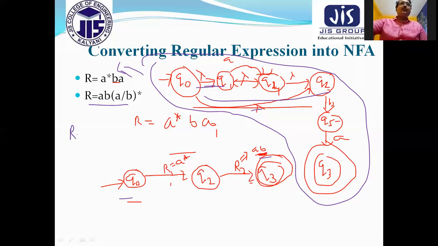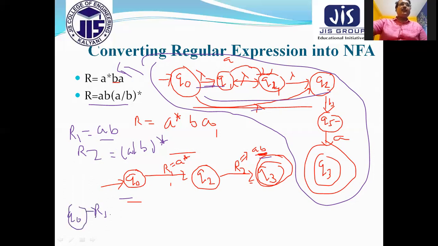Similarly, for this regular expression, for which I have given the task, we can do it the simple way. Take R1 equal to AB and R2 equal to this AB bracket star. Okay, so it becomes just like R1, R2. The diagram just becomes like this.